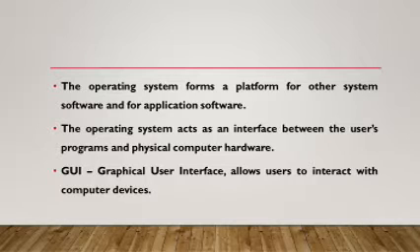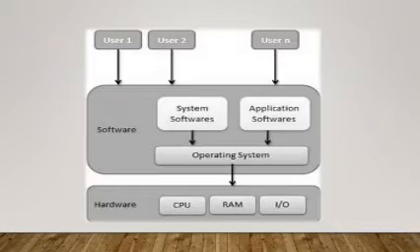So the major point regarding the operating system is that it acts as an interface between the user's programs, which means the system programs, and the physical computer hardware. We can also see the relationship of an OS to the basic hardware in this figure in the textbook.